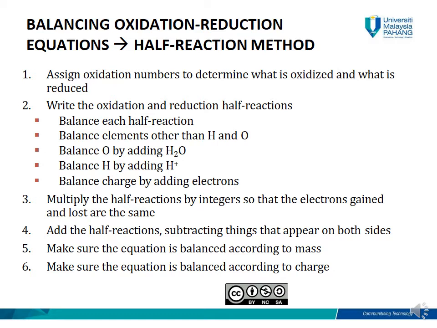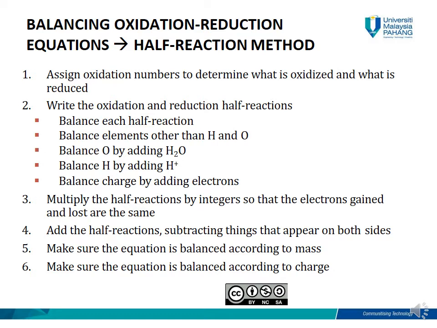For instance, if the oxidation involves 2 electrons and the reduction process involves 1 electron, the half cell for reduction needs to be multiplied by 2, so that 2 electrons are transferred through the oxidation and reduction process. So you need to balance the number of electrons transferred.